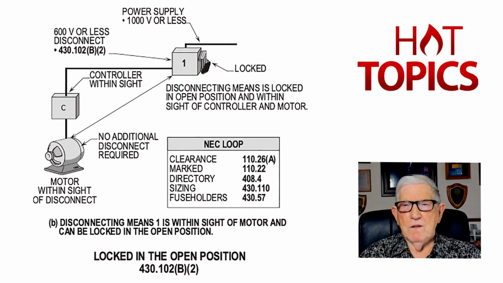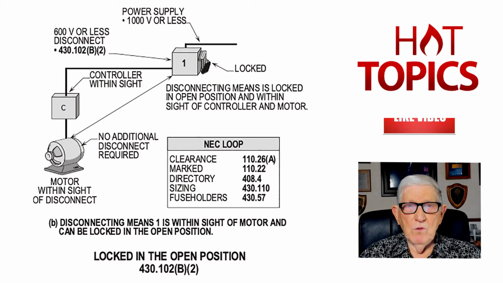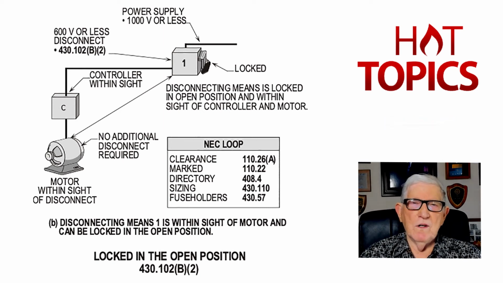But clearances, 110.26A of the disconnect, how the disconnect should be marked, 110.22, the directory, 408.4, and the sizing, 430.110, really as well as 430.109A1, and then the fuse holders in 430.57 refers you in use of 430.55, and notice you could have a disconnect with the overloads or backup overloads installing the disconnect.